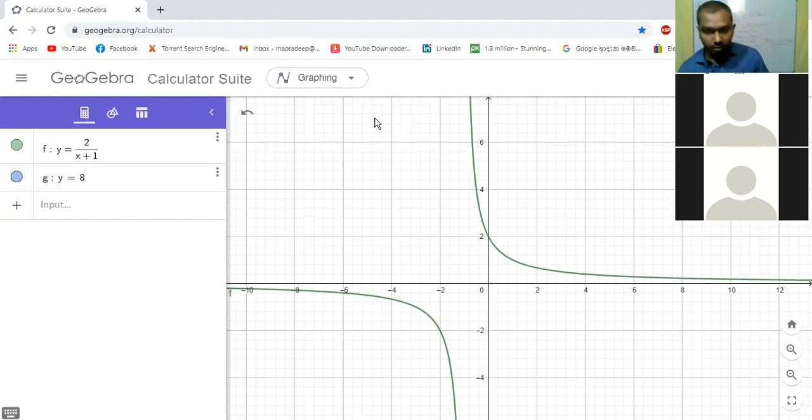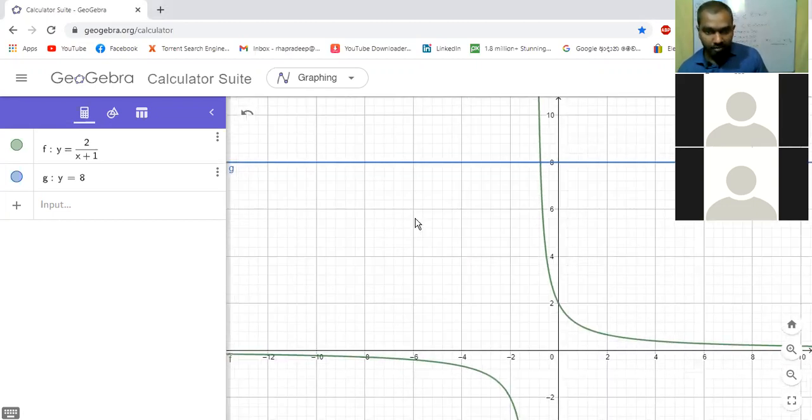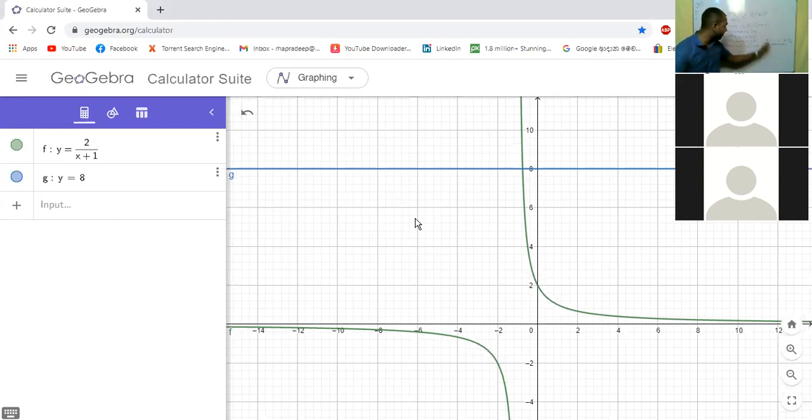But the solution is there, right? Only one solution? No. In this part, that's a very good question that you asked. In the earlier example also, how many points of intersection were there? Here there is only one point of intersection, but we have got how many solutions?